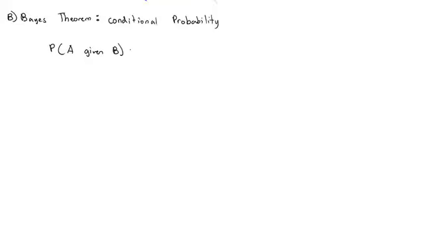One question we're very interested in, though, uses what is called Bayes' theorem. Bayes' theorem helps us calculate conditional probabilities. We already know that the probability of A given B is equal to the probability of both, the probability of A and B, divided by the probability of the given information, the second part.